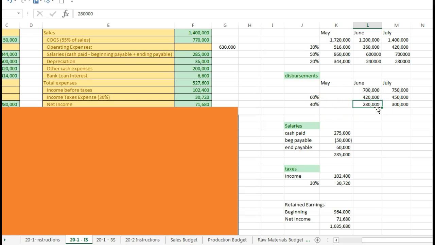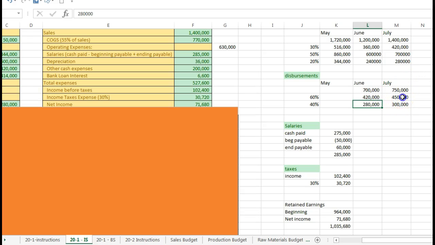In the month of purchase. I'm sorry, I got that wrong. So they pay 60% in the month of purchase and 40% the next month. And for June, they have the actual payout of $700,000, and for July, they had a budgeted $750,000. So these are their payouts in those months.